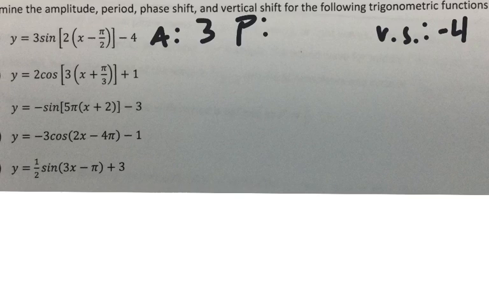So here, I have x being multiplied by 2. So for my new period, I have to divide the original by 2, because it does the opposite of what it looks like. The original period for sine is 2 pi. 2 pi divided by 2 is pi. Period is pi.